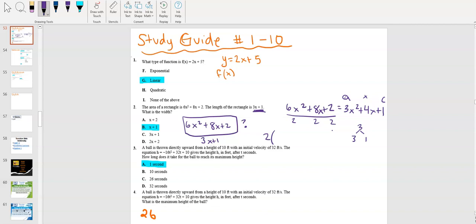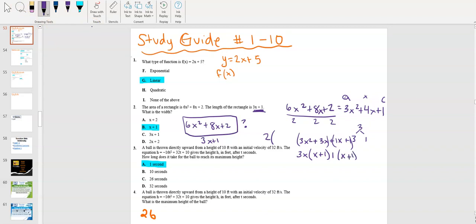So now with my grouping method, I would have 3x squared plus 3x plus 1x plus 1. Group those apart, and you're going to get 3x times x plus 1, and then, whoops, this will just be a 1 here, and that's just x plus 1.